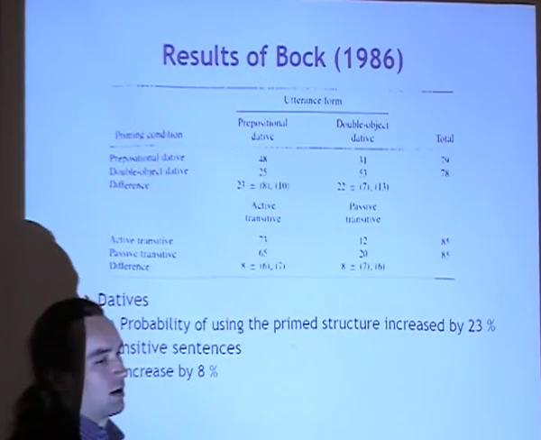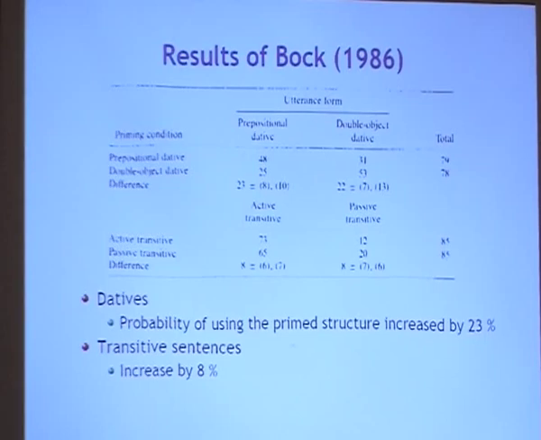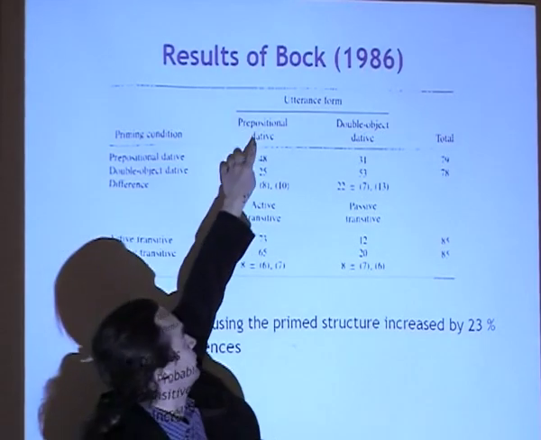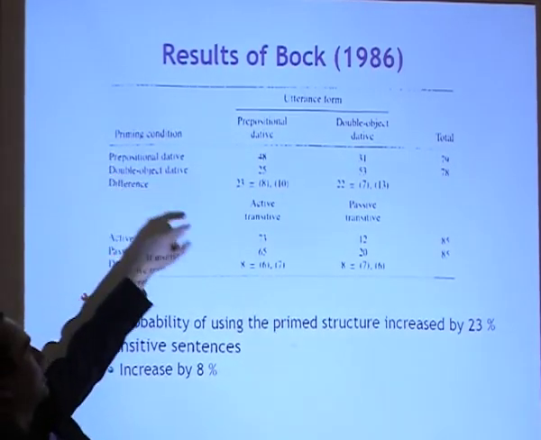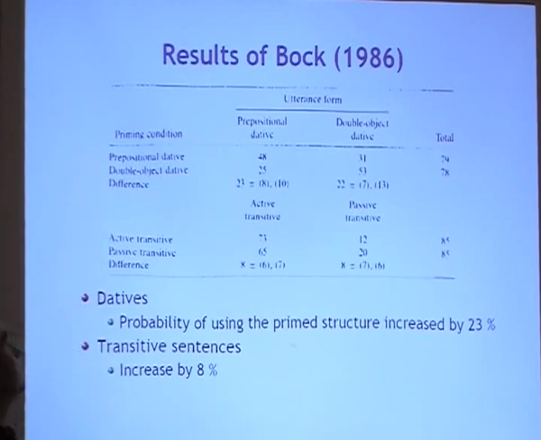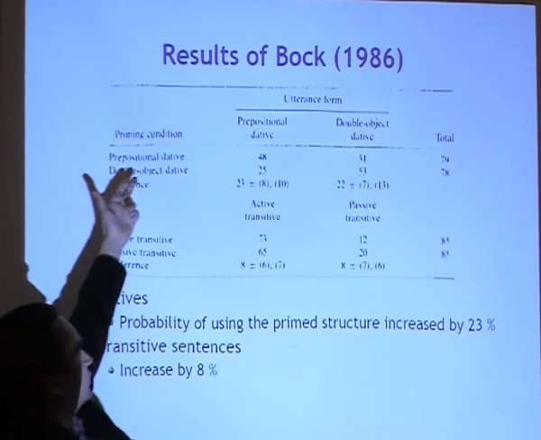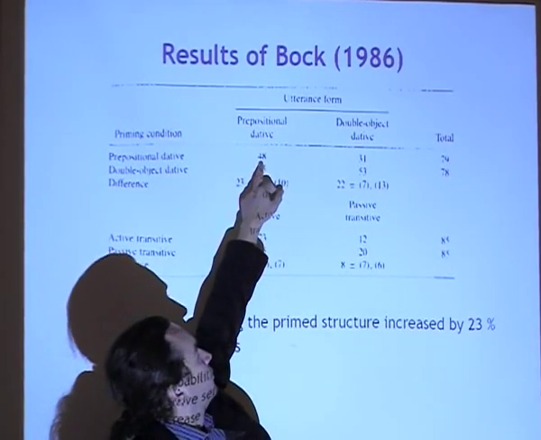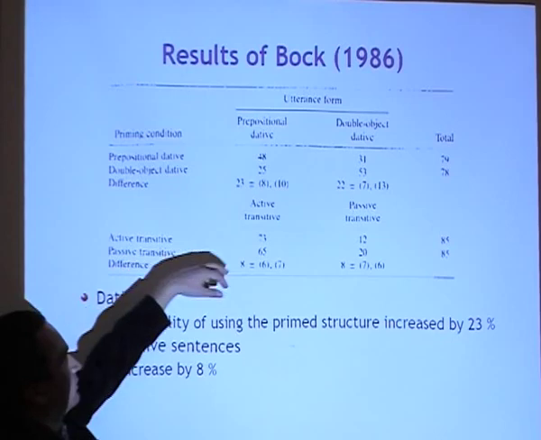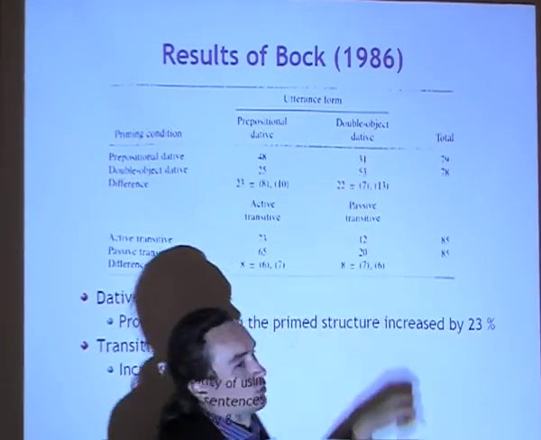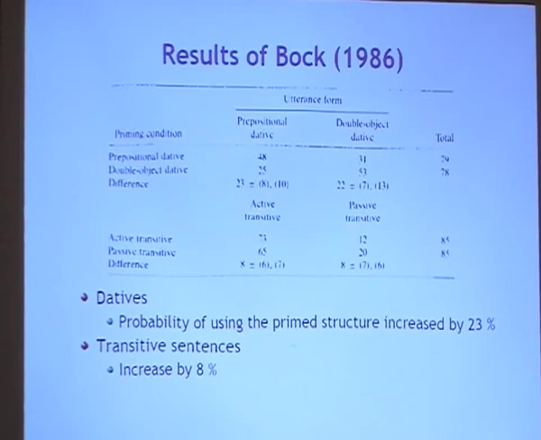The numbers here are the percentages of this structure used after this prime. So you see that when the prime included a prepositional dative, the secretary gave a cake to her boss, about 50% of the picture descriptions included the prepositional dative, and only about 30% included the double object dative, like the secretary gave her boss a cake.